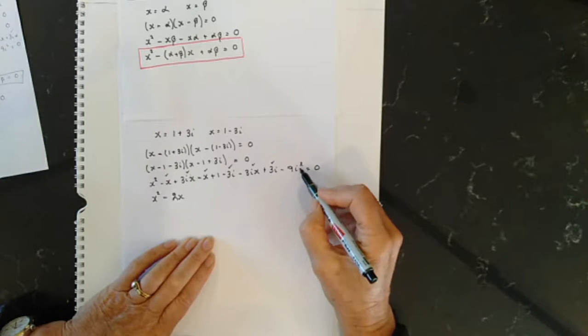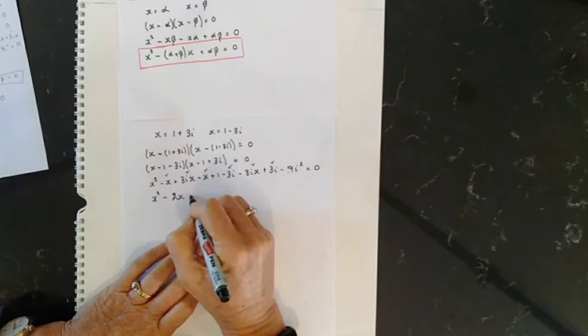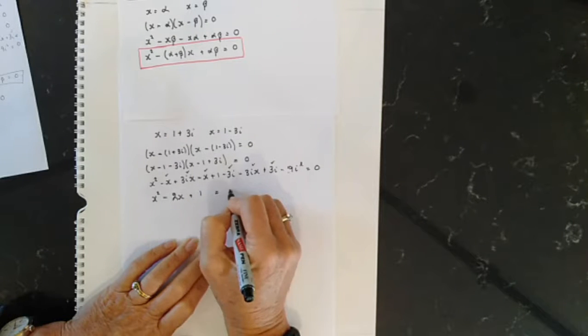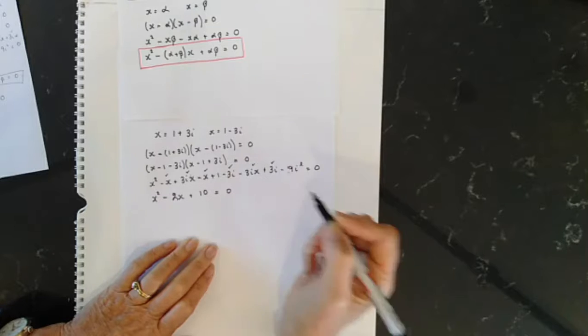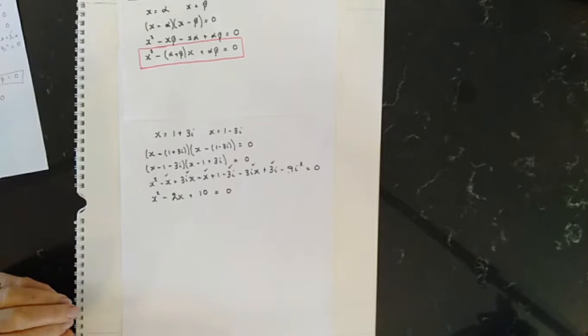The i squared is negative 1, so minus 9 times negative 1 is plus 9, so we've got 9, and 1 is 10. Okay, so that's our quadratic. I think you would agree it's pretty ugly getting there.